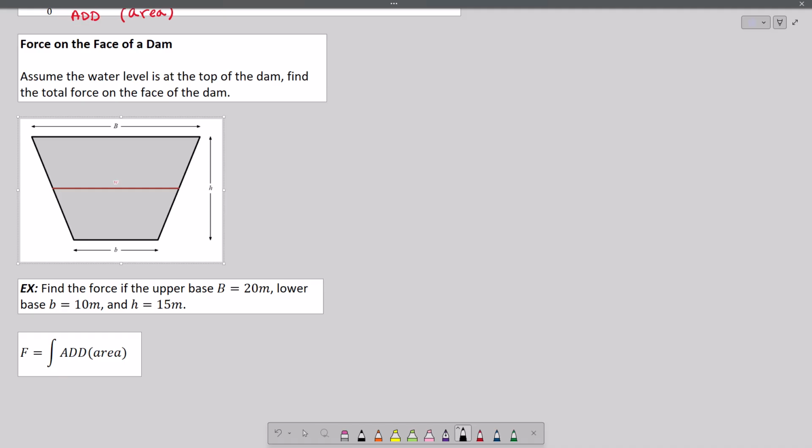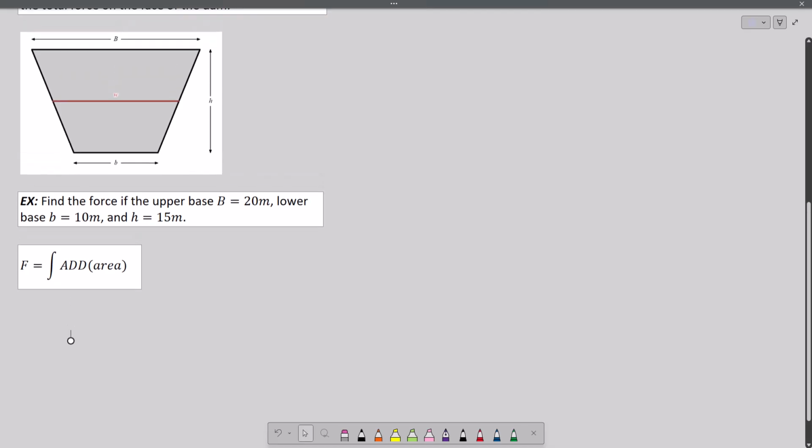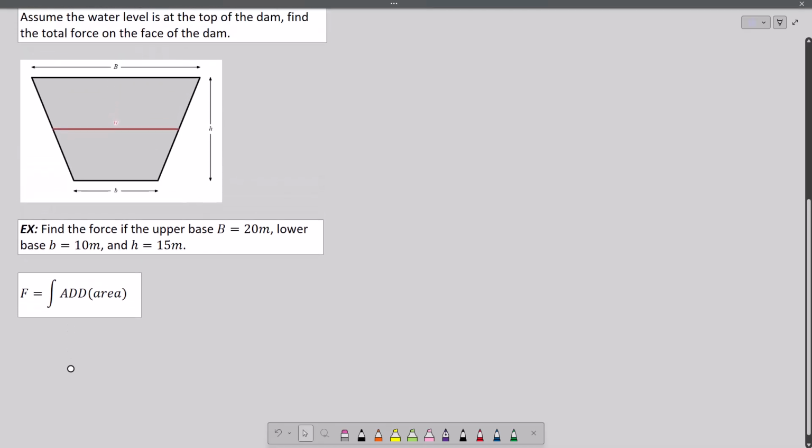So the area that we're looking at is just the area of this red horizontal strip, and then we integrate it as that red horizontal strip moves throughout the region. So the area of that red strip is the width across times dy. dy is the height, if you will. It's the thickness of that red strip. So when we see that area down here, that area means the area of the red. So W times dy. So all we have to do is find W to find that area.